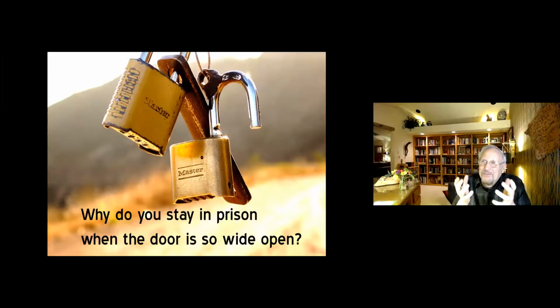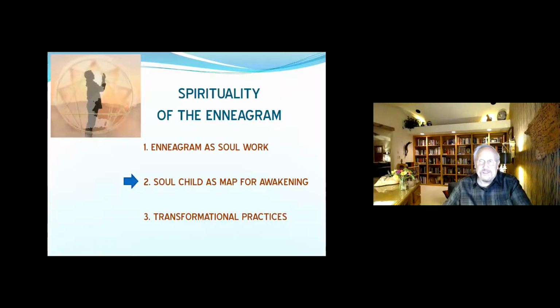Here, we allow ourselves to be self-defined, and we fall into self-loathing, because sometimes when we do Enneagram work, we beat ourselves up more, which is the opposite of what this tool should do. It opens the door of our prison. It frees us. It frees us.